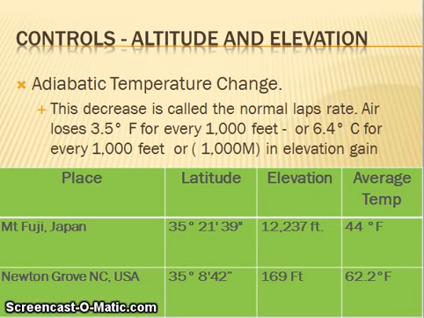So one of the controls is altitude or elevation. We talked about adiabatic temperature change, and what is considered the normal lapse rate, so that air temperature loses about 3.5 degrees Fahrenheit for every 1,000 feet in elevation. There is an example in the reading of how much temperature you would lose as you go up over specific heights.